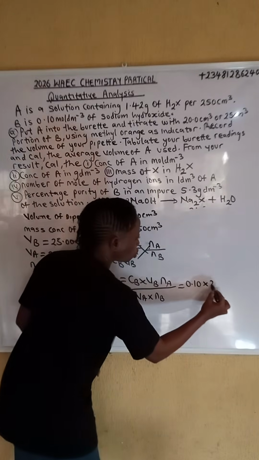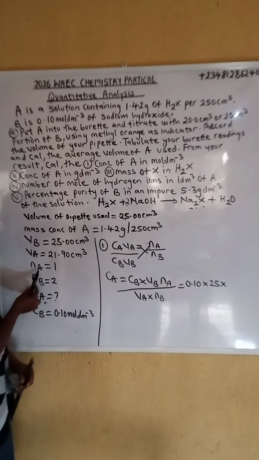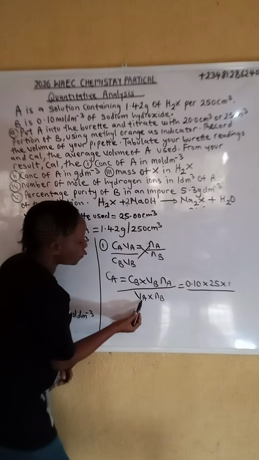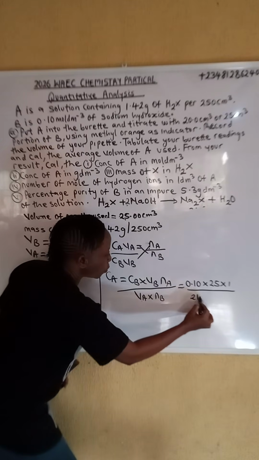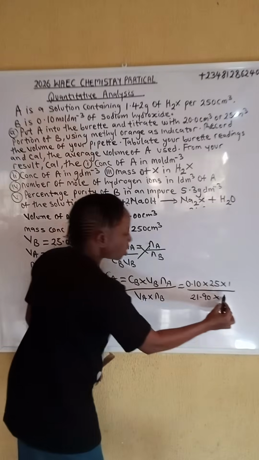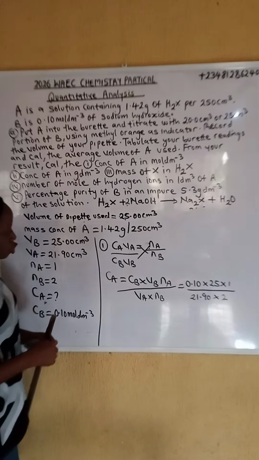Vb equal to 25, then multiplied by the number of mole of acid, which is 1, then divided by the volume of acid, which is 21.90, then multiplied by the number of mole of base, that is equal to 2.